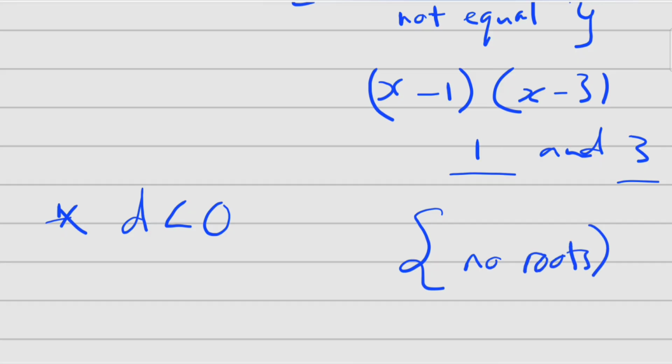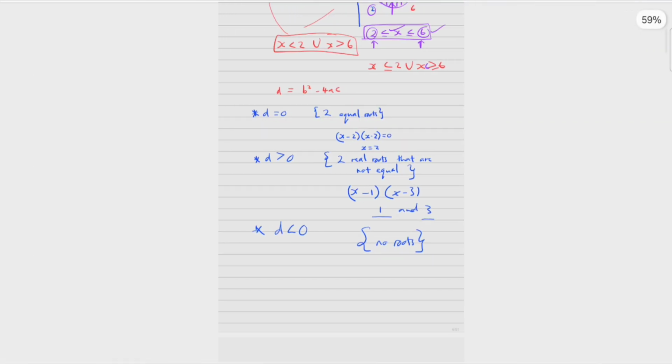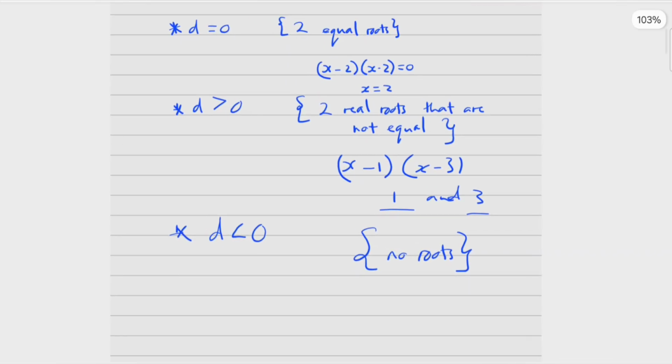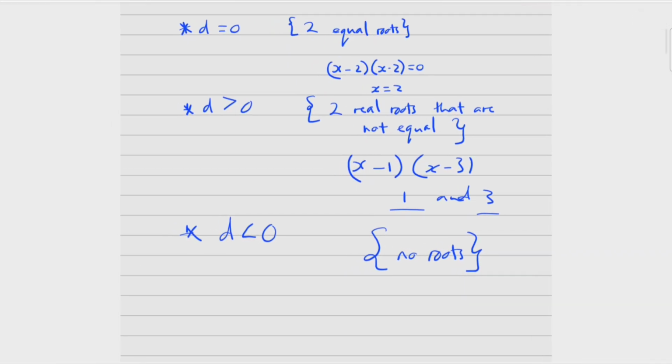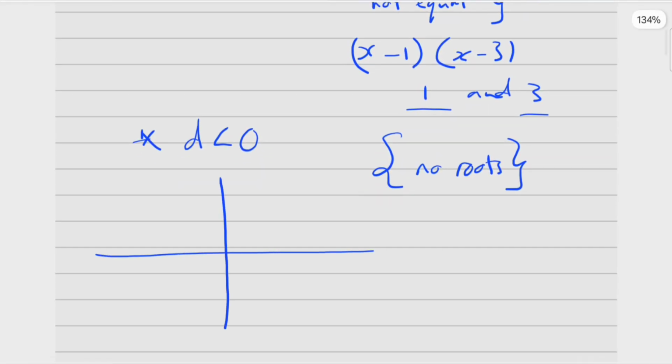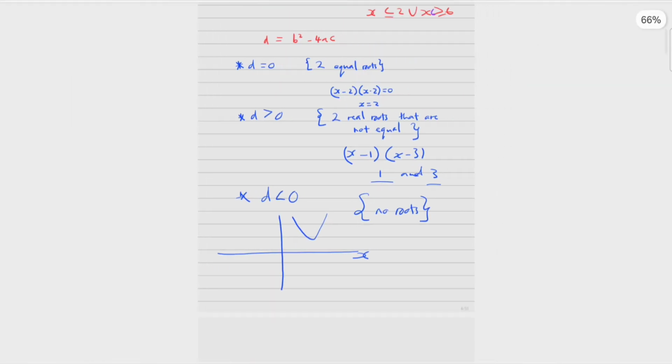So if we're given a quadratic expression and the discriminant b squared minus 4ac is less than 0, it means for that expression we do not have roots. So if we are to sketch something like that, it will be looking like this, maybe, not touching the x-axis at all, right? And that will show us that it doesn't have any roots.